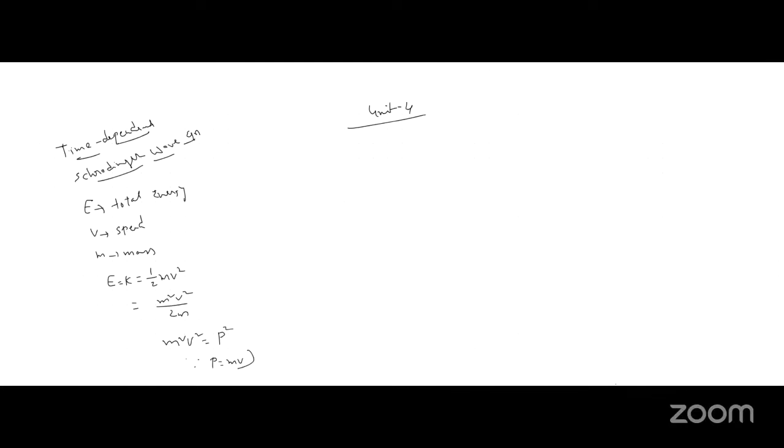If I consider m square v square as p square, then we will get the energy equation E equal to p square by 2m. This is equation number 1.